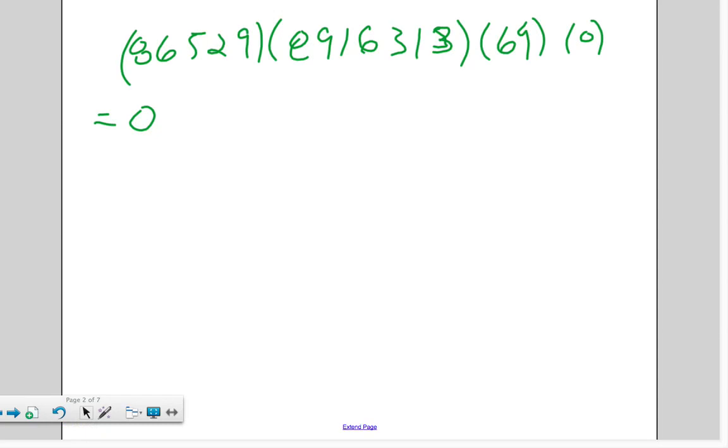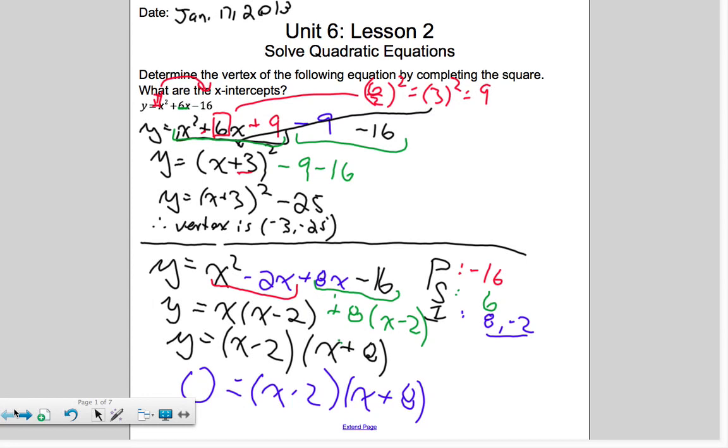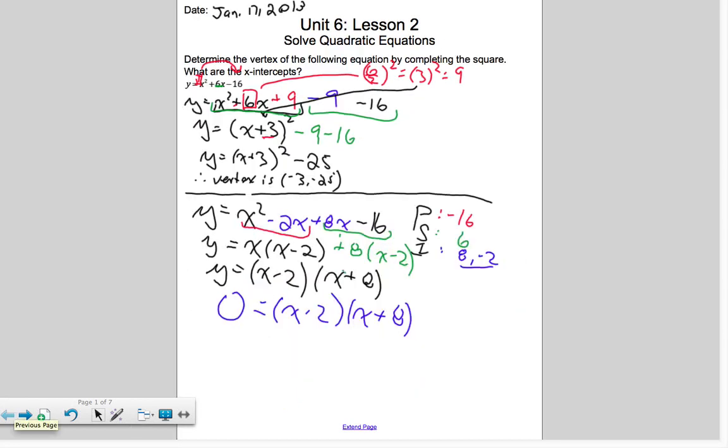Just getting a bunch of things multiplied together so that if we want an answer of 0, we could just set any one of those equal to 0. So here we're just solving two equations now. x minus 2 is equal to 0, or x plus 8 is equal to 0.